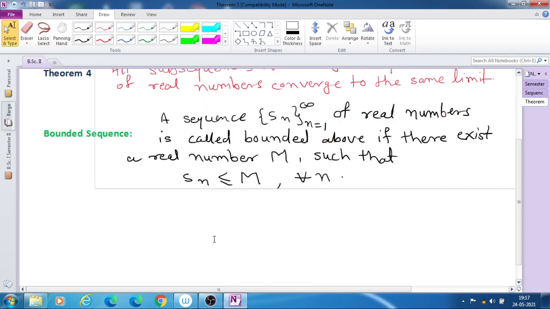Similarly, we can say that a sequence is bounded below.